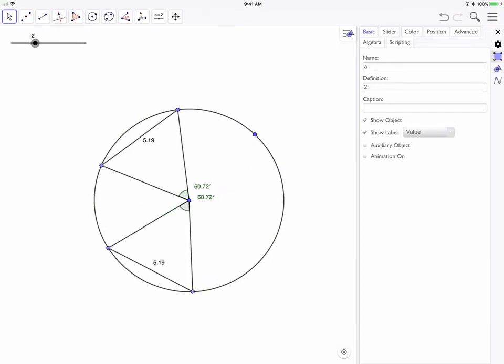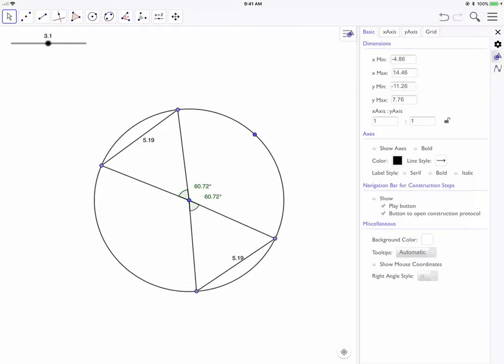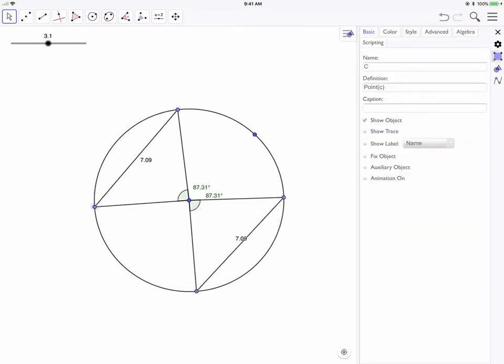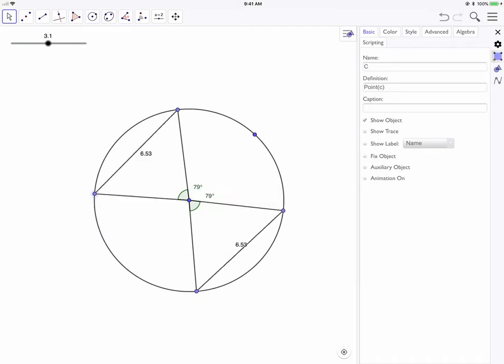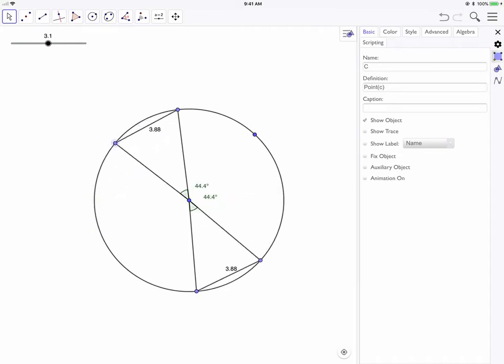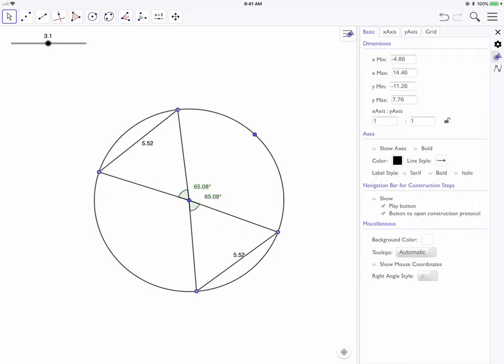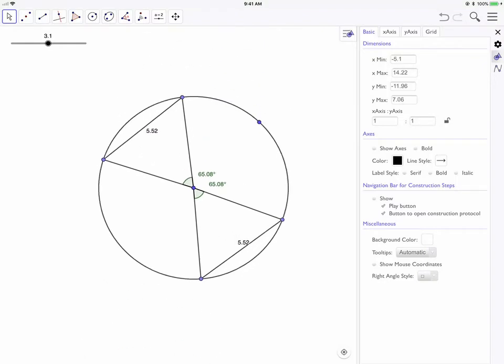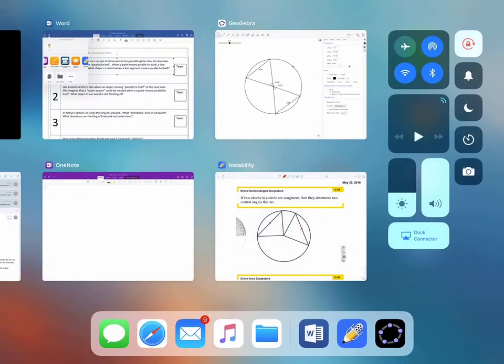Like I can stop it at any single degree, anywhere I want. So that's kind of what I think of, this symmetry there. So if I have chords that are the same, then those angles are the same. Even if I change the length of the chord, you can see it adjusting, as long as the chords stay congruent. All right, so that's a visual representation of what we just talked about.